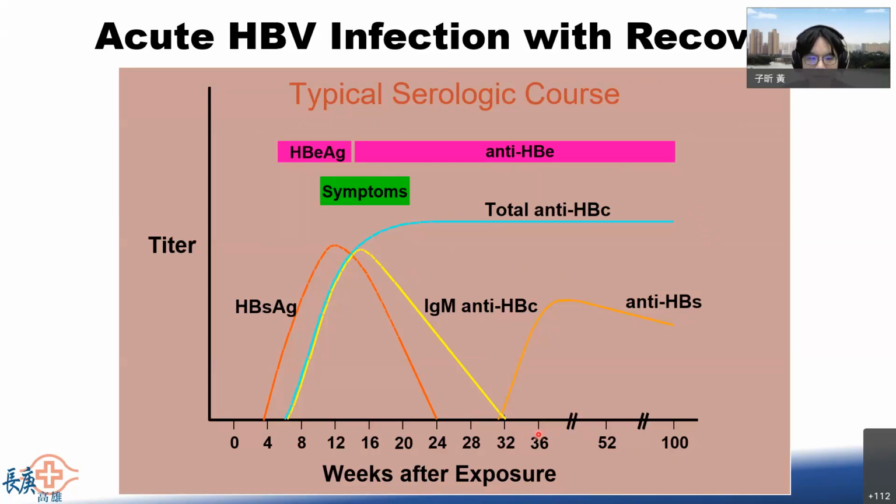And after about 8 months or so, later after exposure, the human body produces the anti-HBs, the surface antibody. The surface antibody means that the patient has recovered from the HBV infection, and the patient is now immune to HBV. So anti-HBs means immunity.